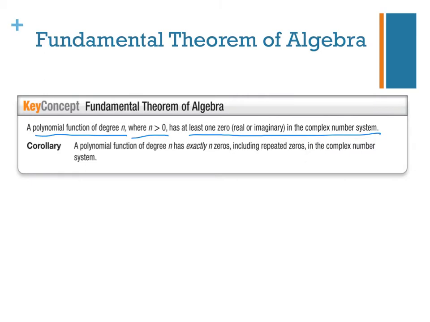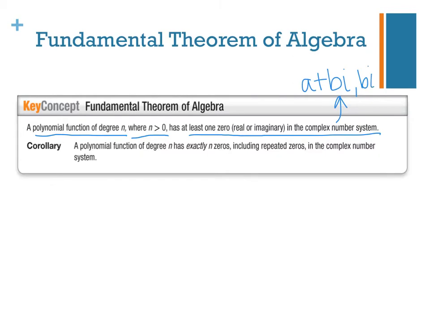So as long as your degree n is greater than 0, a polynomial function always has at least one zero, either real or imaginary, in the complex number system. And the complex number system, you learned about complex numbers last year, like a plus bi is a complex number, or even just bi.